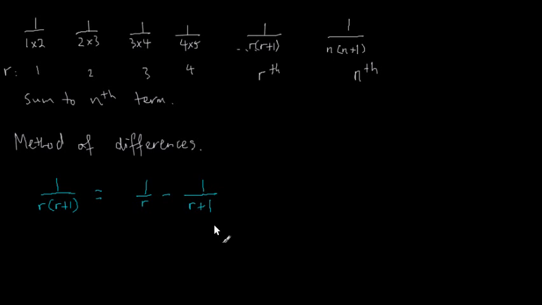We need to make sure that this is true, and the way to do it is we can just work on either side and show that it's equal to the other side. So it might be easier if we start from the right hand side.